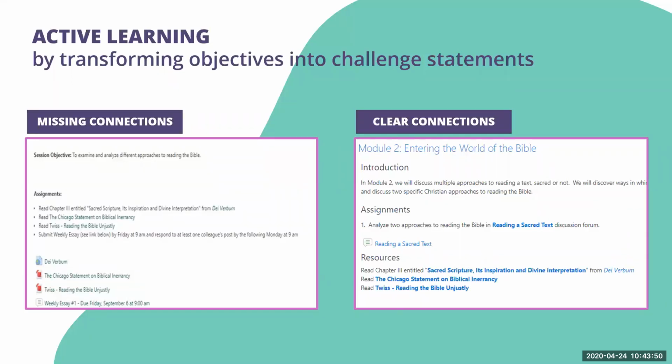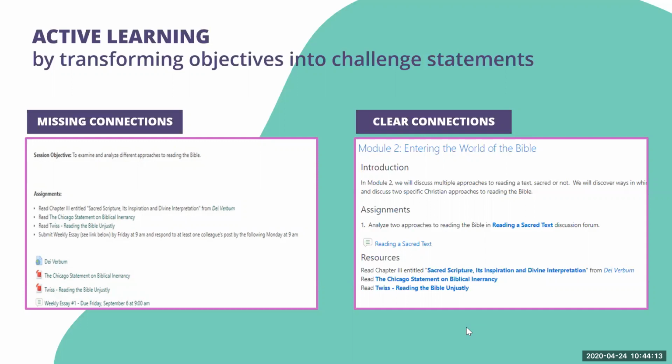So to look at this a little deeper, in the example on the left-hand side, the objective, to examine and analyze different approaches to reading the Bible, is presented first. But it has little context and is essentially in isolation, unconnected to an activity or assignment.